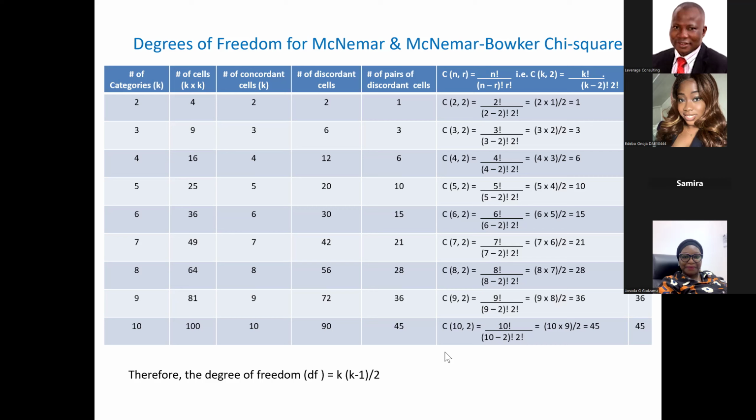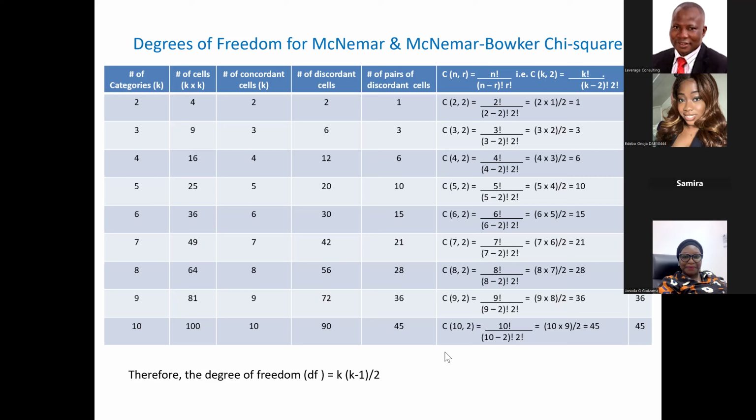For example, you are dealing with women alone, maybe in the antenatal clinic. You talk about sex. Sex is not available in the sense that all of them are female. So you cannot pair. So when we talk about pairing, we are talking about 2, 3, 4, 5. That's why you see number of categories start with 2. That 2 is representing the one we use for McNemar, because there are 2 categories.